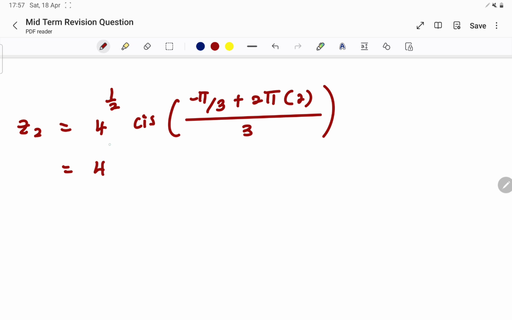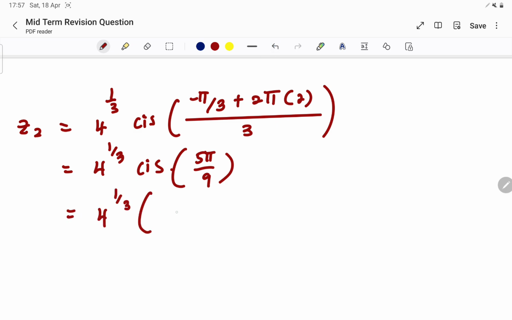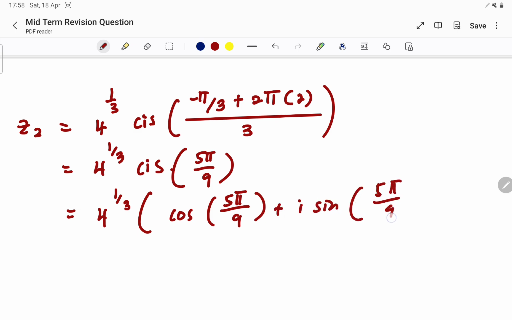So you're going to get here 4^(1/3) cis 5π/9. Then here you change it to cos plus i sine form, i sin 5π/9.